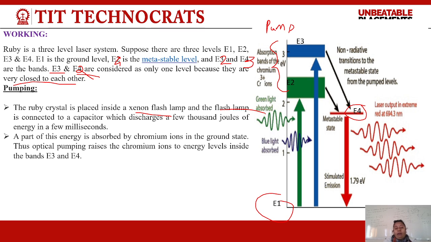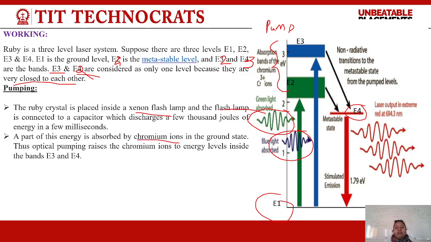After that, the chromium ions sitting inside this ruby crystal start absorbing these photons. You have seen here these photons are coming from the xenon lamp, and they are going to be absorbed by the chromium ions.